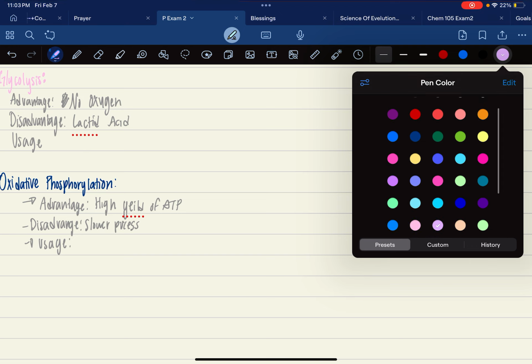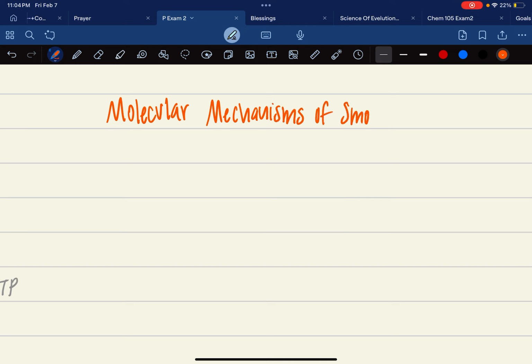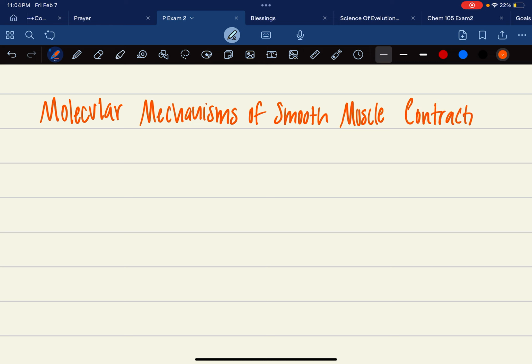And then the molecular different steps, and first we have the calcium entry, and that's just when calcium enters the cytoplasm from extracellular space and the sarcoplasmic reticulum.